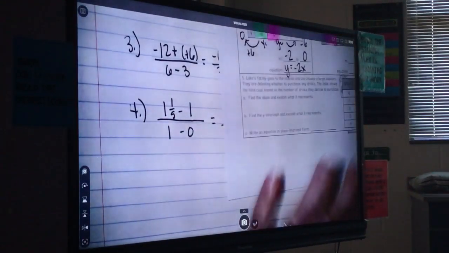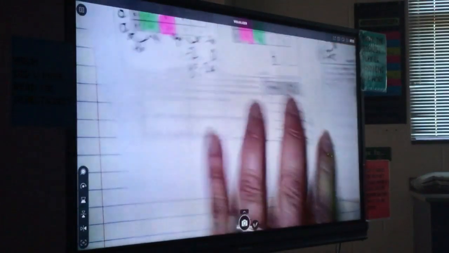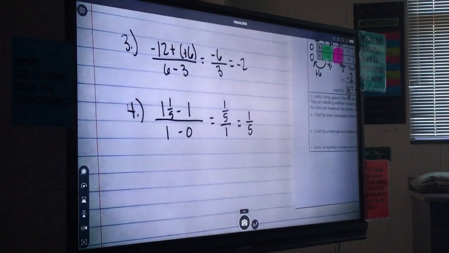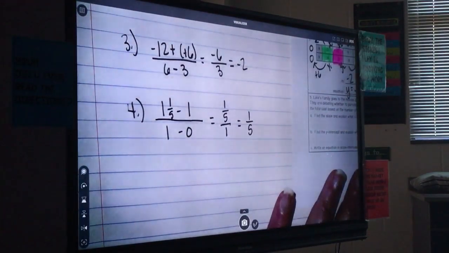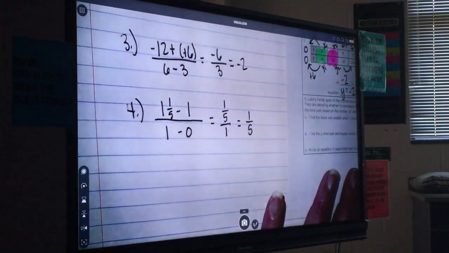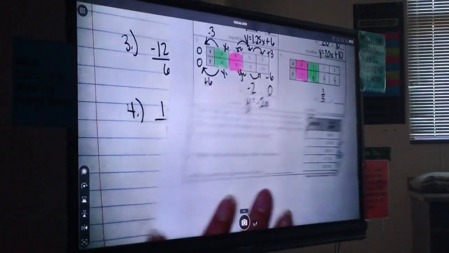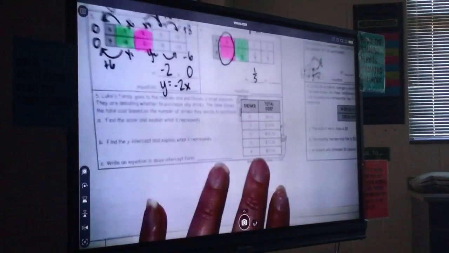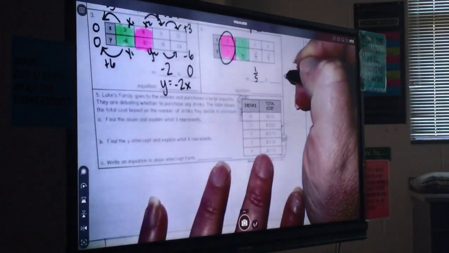So that is my slope. How do I figure out my y-intercept? It'll be under 0. What do you mean? Like on the table, for example 1 is under 0. Okay. So then what is my y? 1.